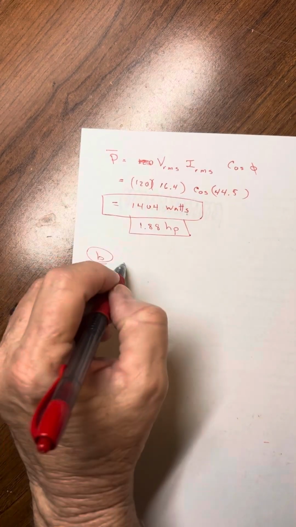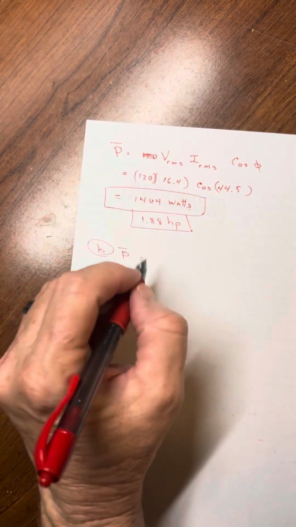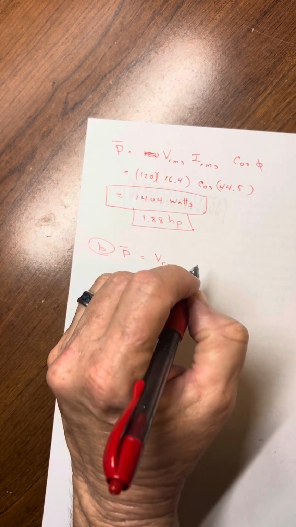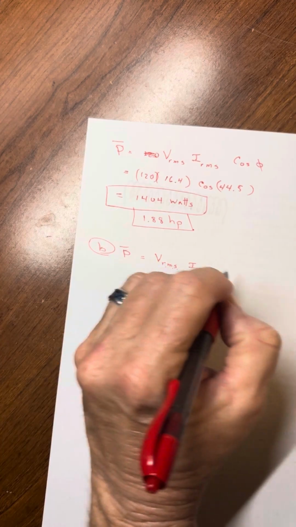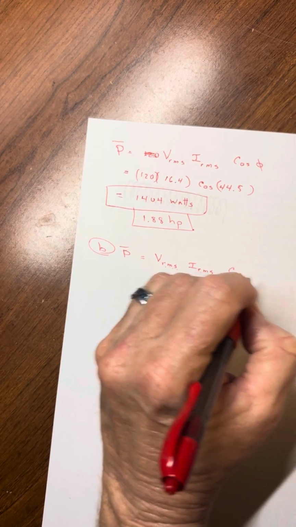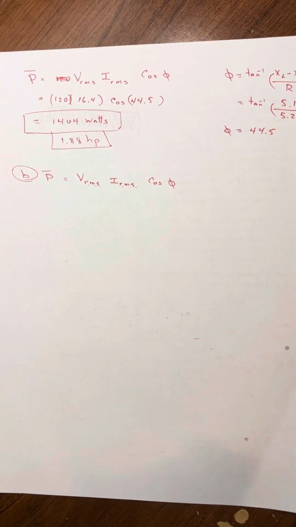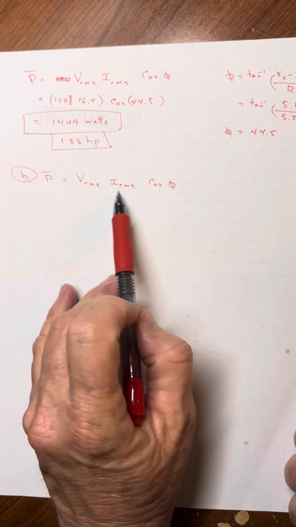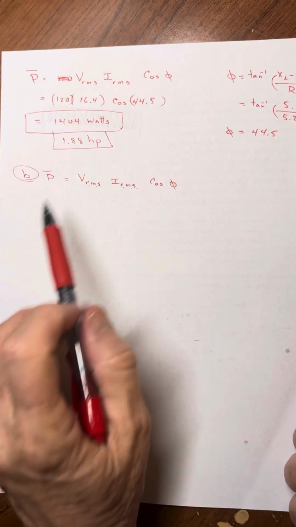Because for B, we can start off and maybe do a little bit of thinking here. How can we get more power out of this? You can see that increasing any of these 3 factors, and maybe better all of them, we would get more power.